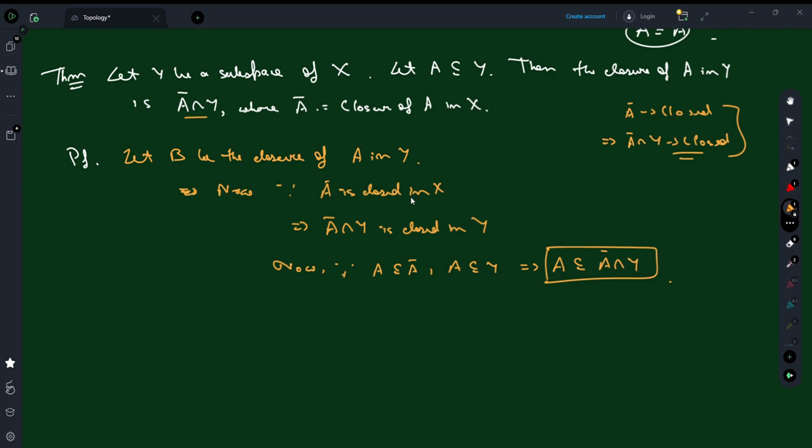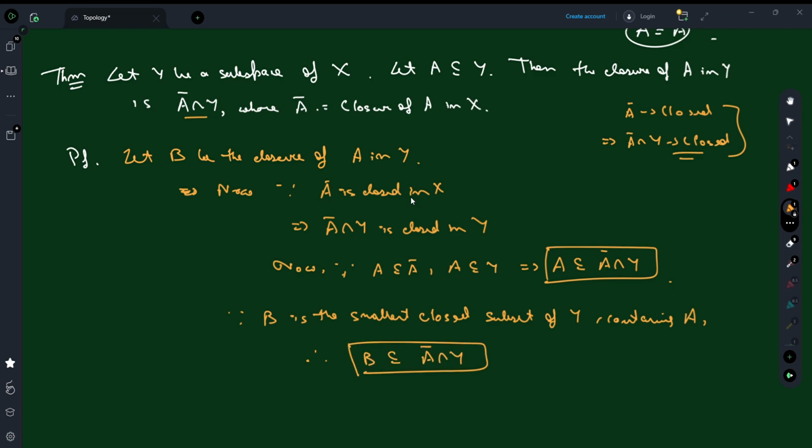B is the smallest closed subset of Y containing A, because B is the closure of A in Y. Therefore, since A is inside this set, B must also be inside this set, right?